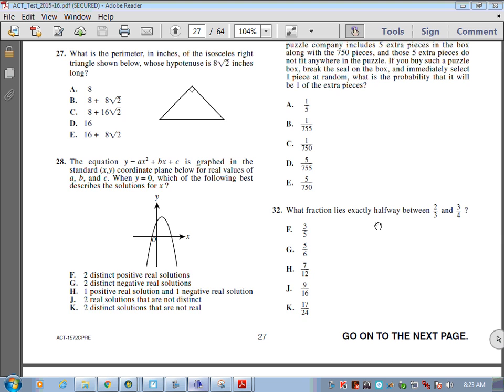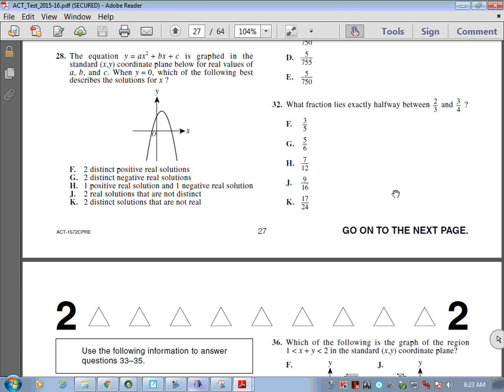All right, 28. This one's actually fairly simple. It says, when y equals 0, which of the following best describes the solutions for x? Well, y equals 0 is a horizontal line that represents the x-axis.